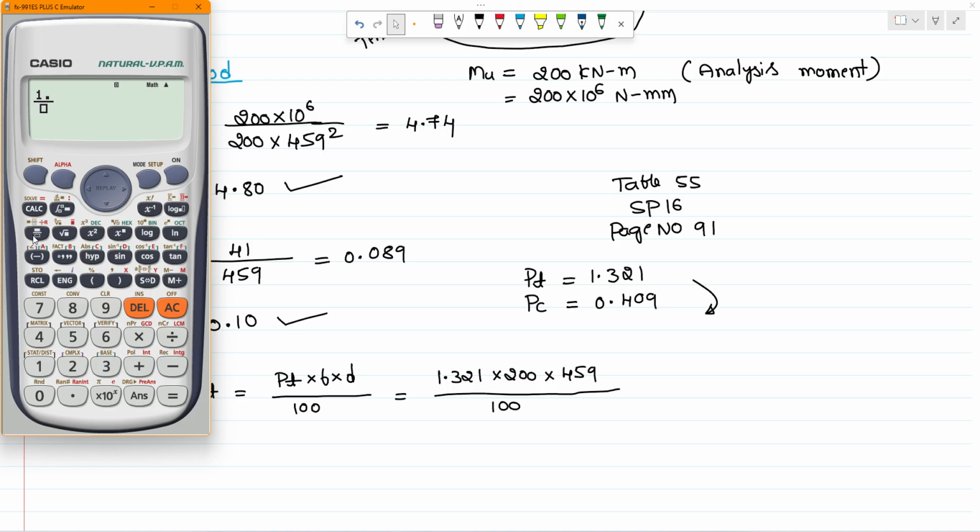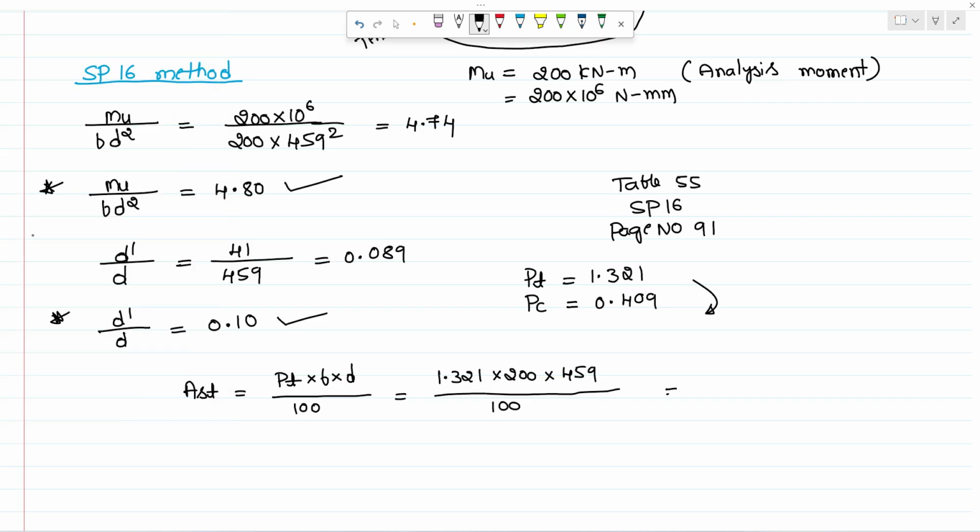So it will be 1212, nearly equal to 1213 mm square.